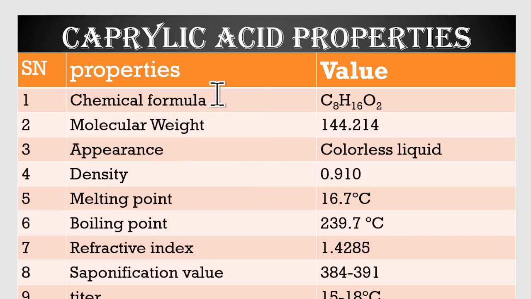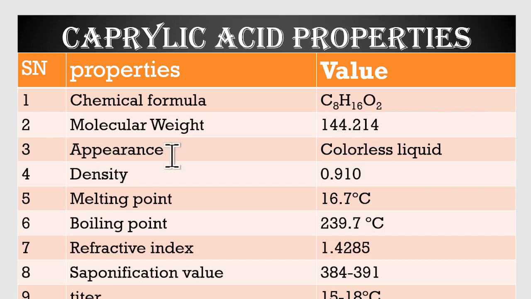And here in the chart, the physical properties of caprylic acid are given. The chemical formula is C8H16O2, and the molecular weight of this acid is 144.214 grams per mole.